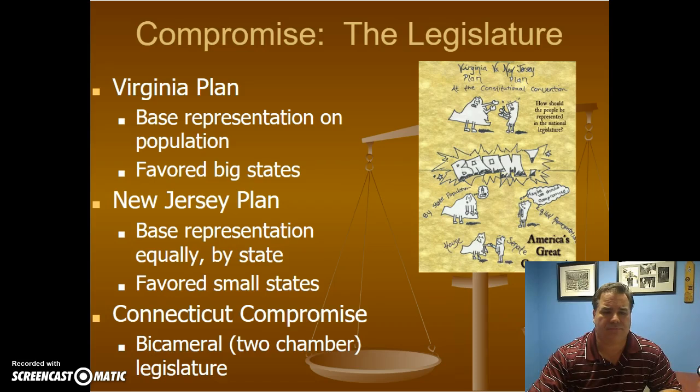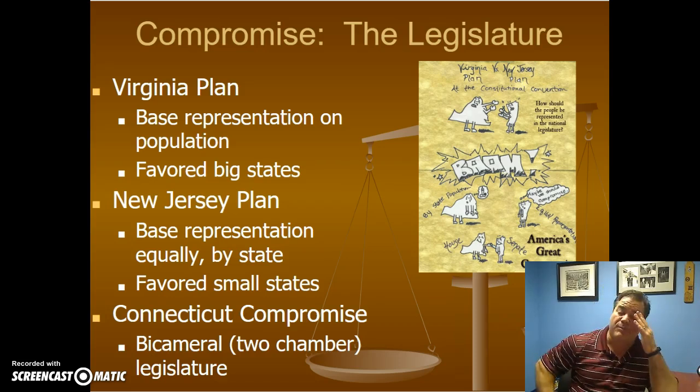First, the legislature. You're all familiar with the Connecticut Compromise, which basically was the result of two competing plans. The Virginia plan, which based representation on population. The more people that lived in your state, the more representatives you would have in the legislature. And that was favored by large states. Now, by the way, there's more to the Virginia plan than just that.